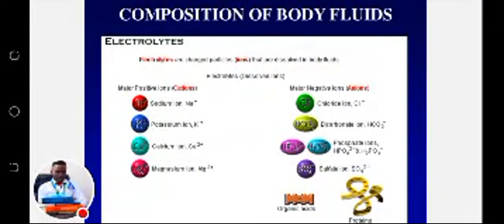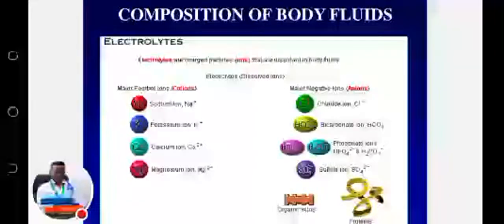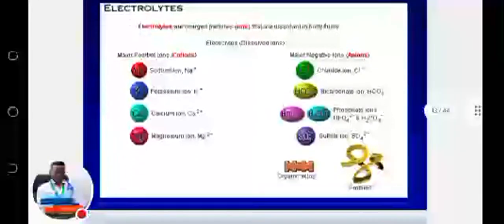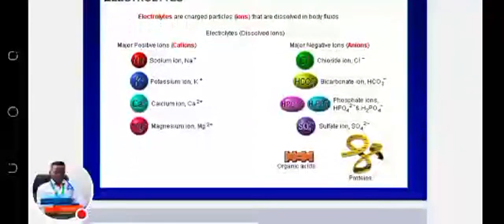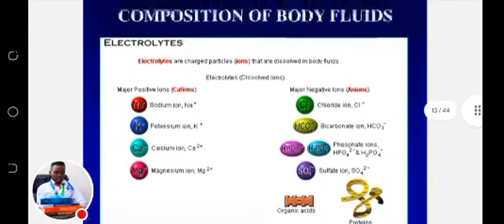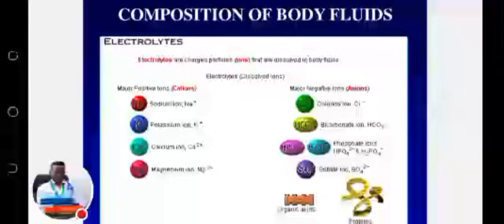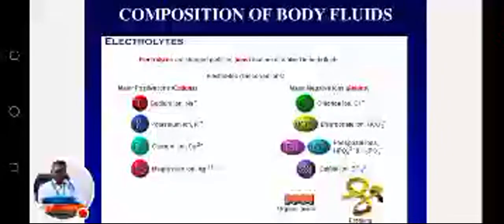These include sodium ion, potassium ion, calcium ion, and magnesium ion. Then the major negative ions include chloride ion, bicarbonate ion, phosphate ion, sulfate ion, and other inorganic acids, which are the electrolytes, the charged anions as well as the cations.